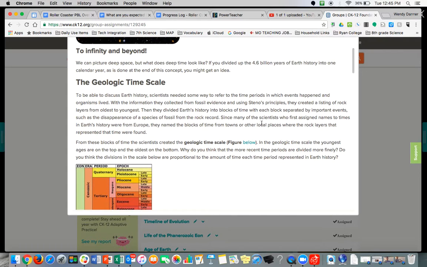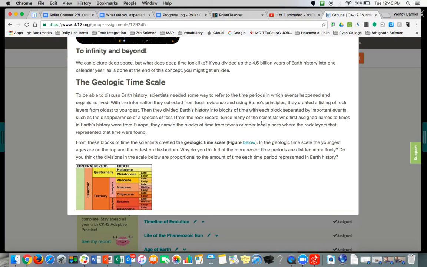All right, so to be able to discuss Earth's history, scientists needed some way to refer to the time periods in which events happened and organisms lived, with the information they collected from the fossil record. So it's info from the fossil record.